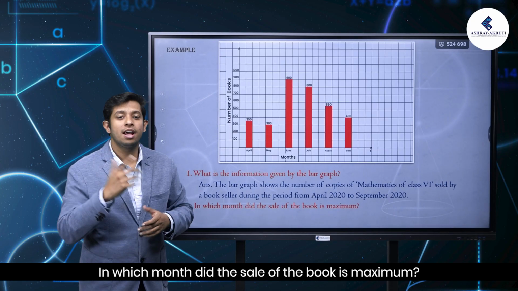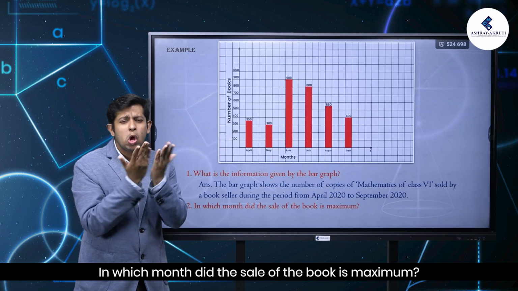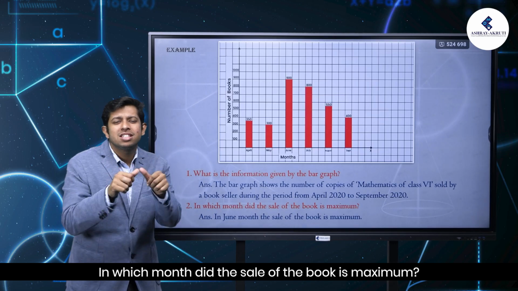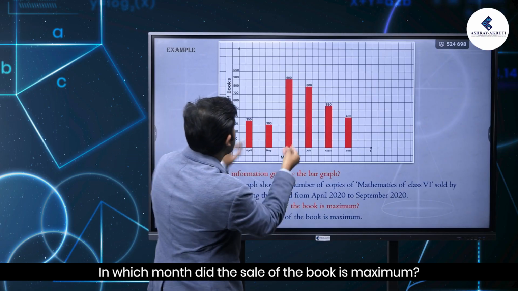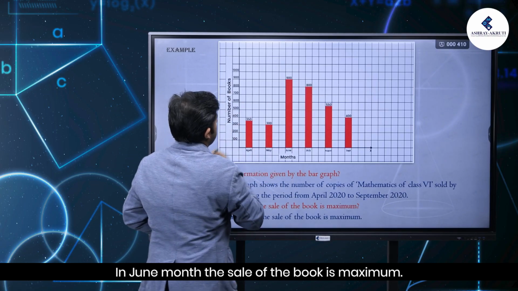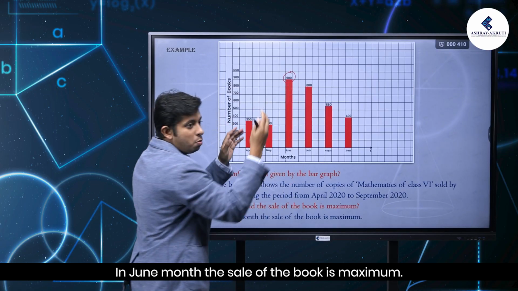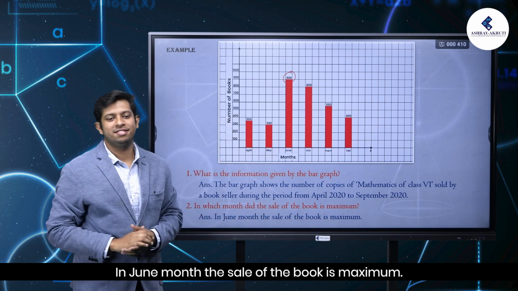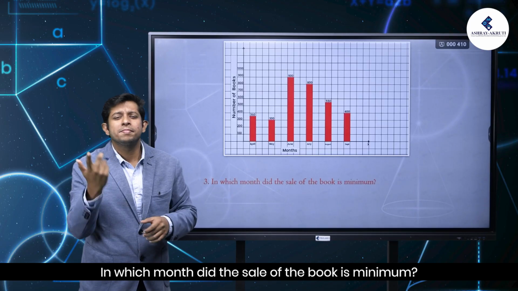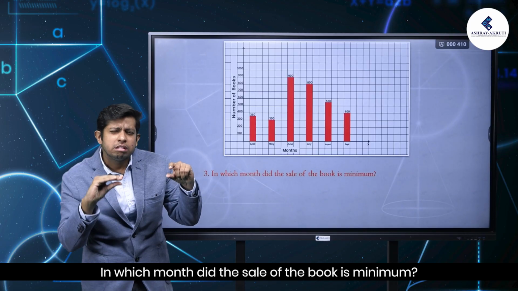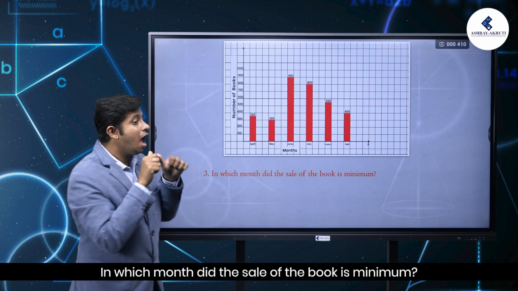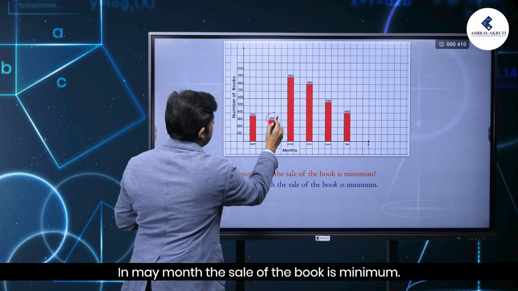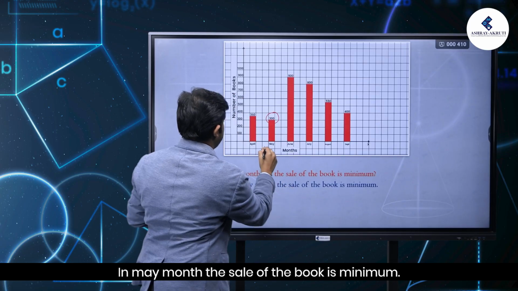In which month did the sale of the book is maximum? In June month, the sale of the book is maximum. In which month did the sale of the book is minimum? In May month, the sale of the book is minimum.